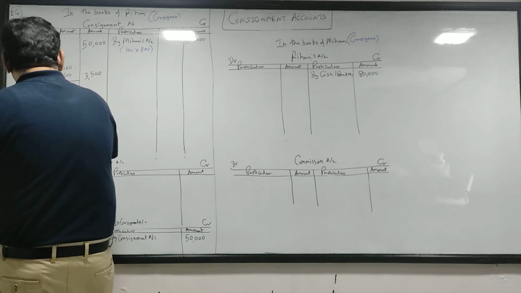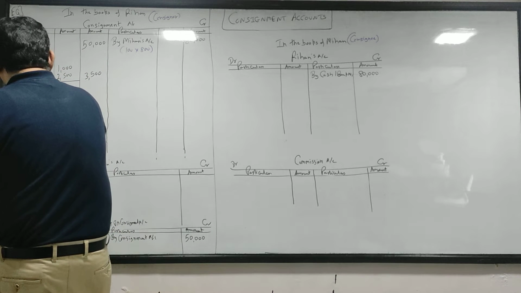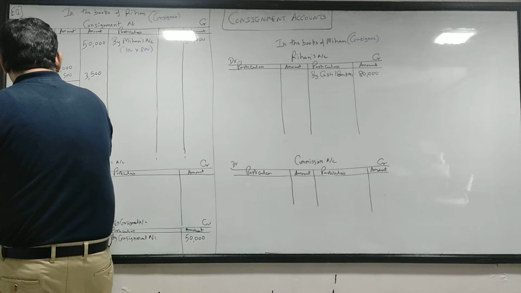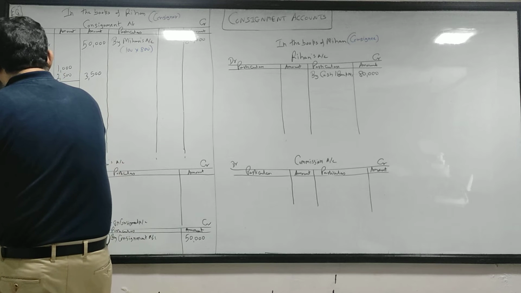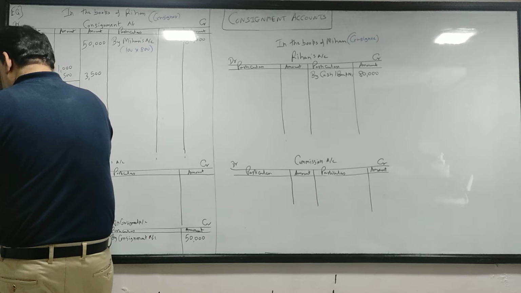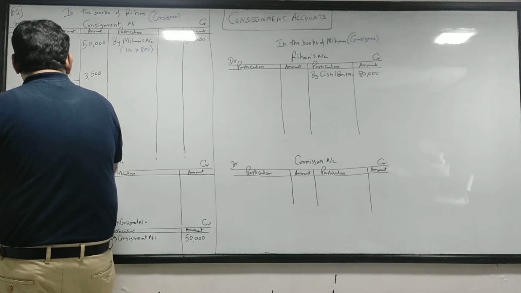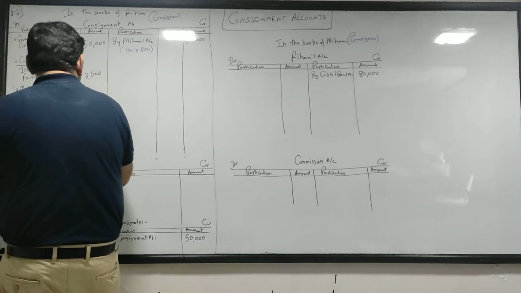1200 is for dock dues and carriage, and warehousing charges 1800, so ये हो गया 3000.